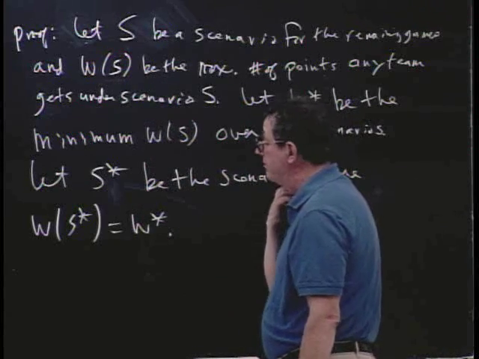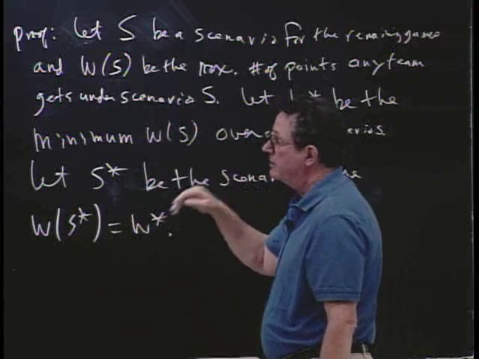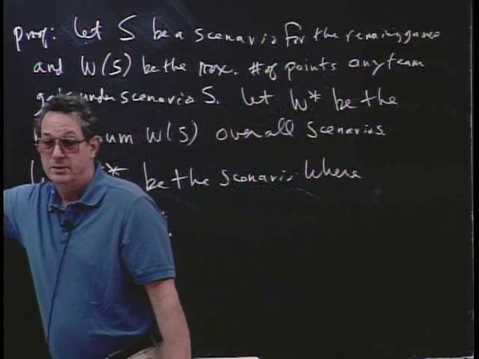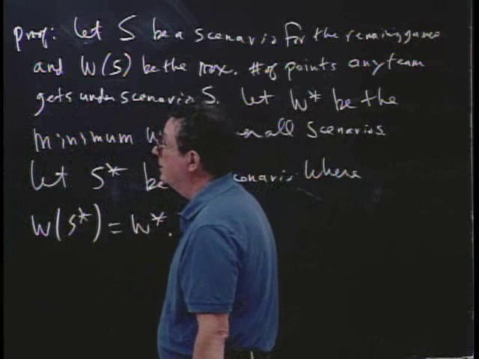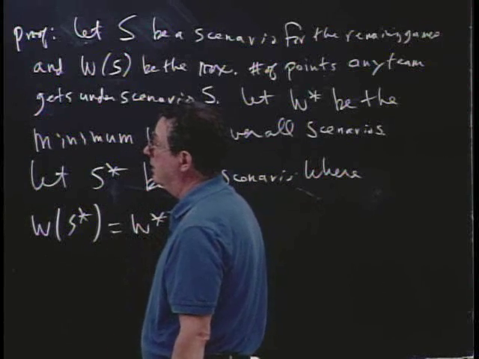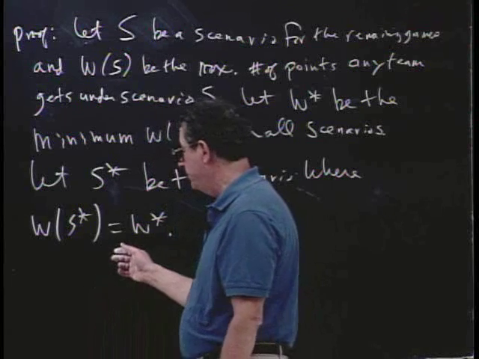All right, I want to prove that this W star that I've just defined has the property that's claimed in the theorem. It's claimed that there's a number W star such that any team I is eliminated if and only if Wi is strictly less than W star.